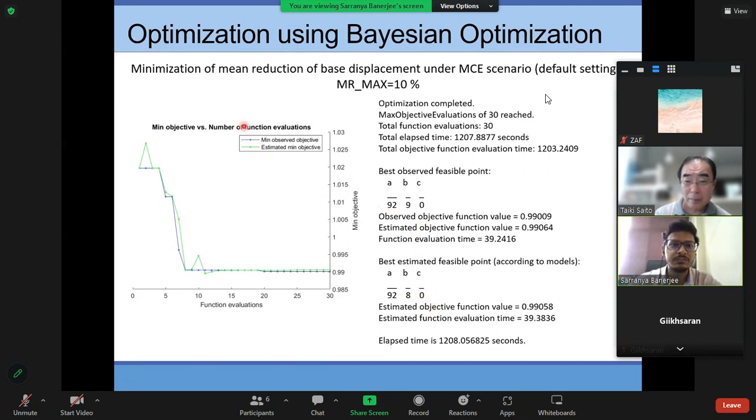This was for this objective function, but then I realized that if I minimize the mean of the different reductions in base displacement, it is possible that my maximum base displacement does not decrease, but the reductions decrease, which is not the ideal scenario.